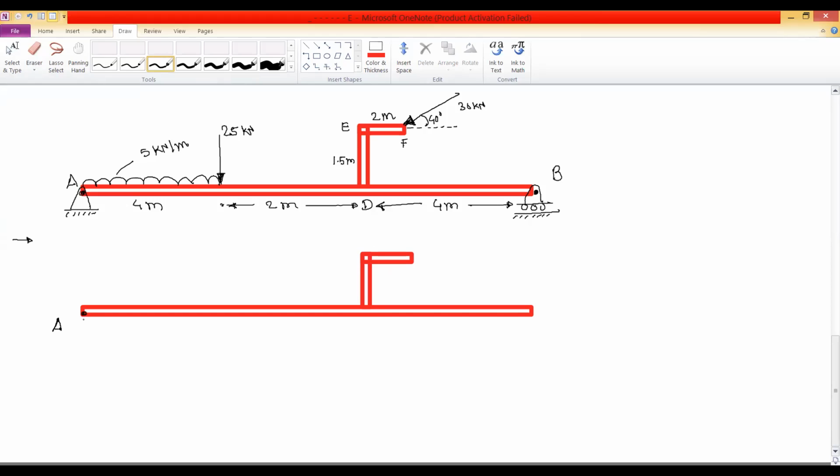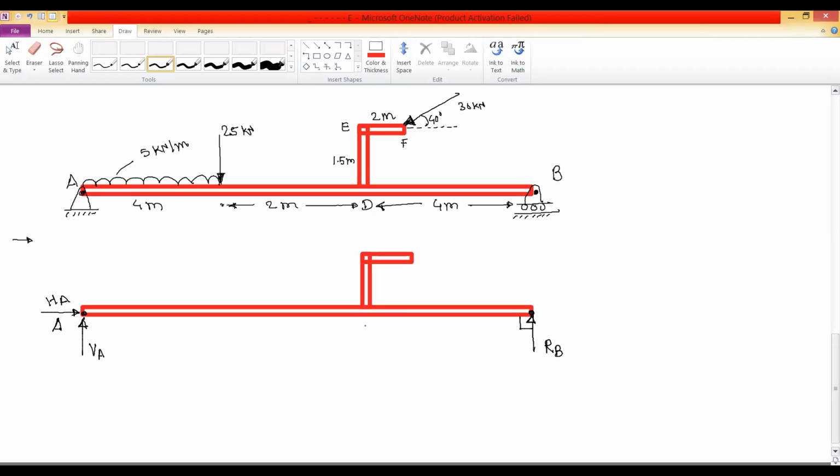This is the hinge point, so it will have two reactions. One is VA and the second reaction is HA. Then at point B, it is the roller support. So this reaction RB is perpendicular to the surface on which the roller is mounted. Right now it is perpendicular to the beam AB.